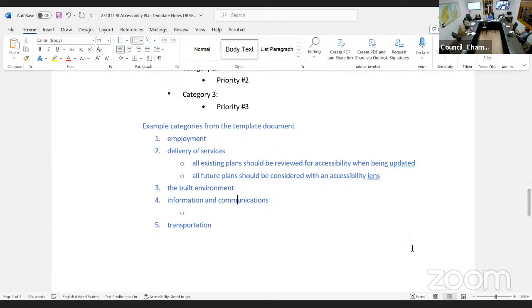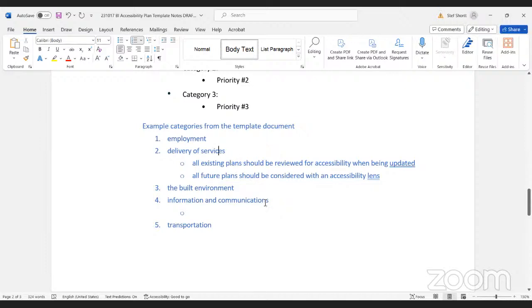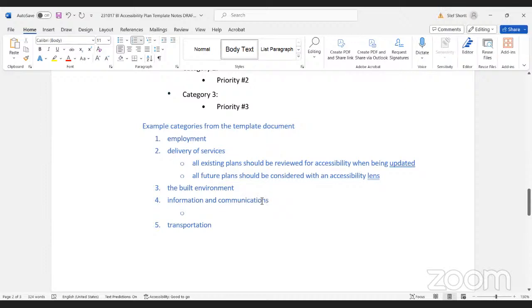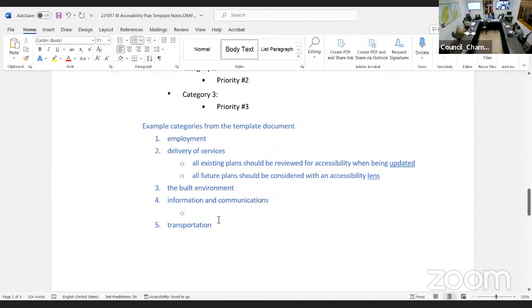So Alex and Jessica, Steph is editing the document online and she's adding in these comments, so you can trust that she's doing that. Do you want us to read it back to you or what should we do? No, that's okay. Do you think it should go under delivery of services, maybe information?